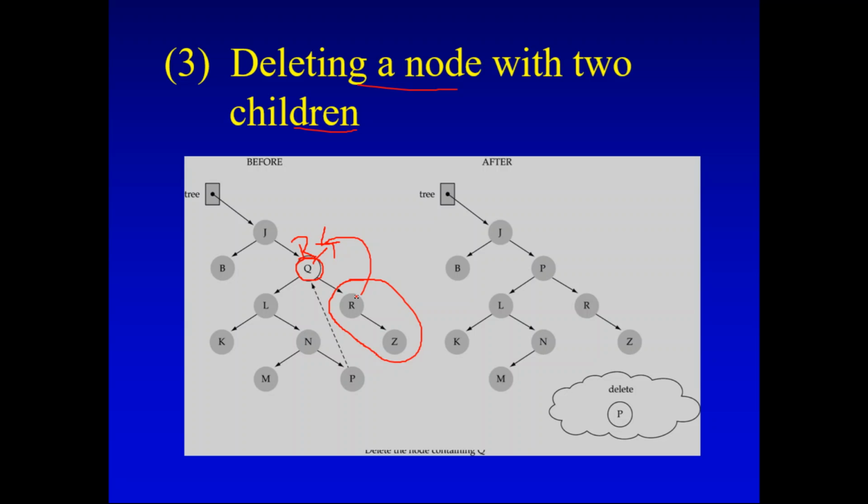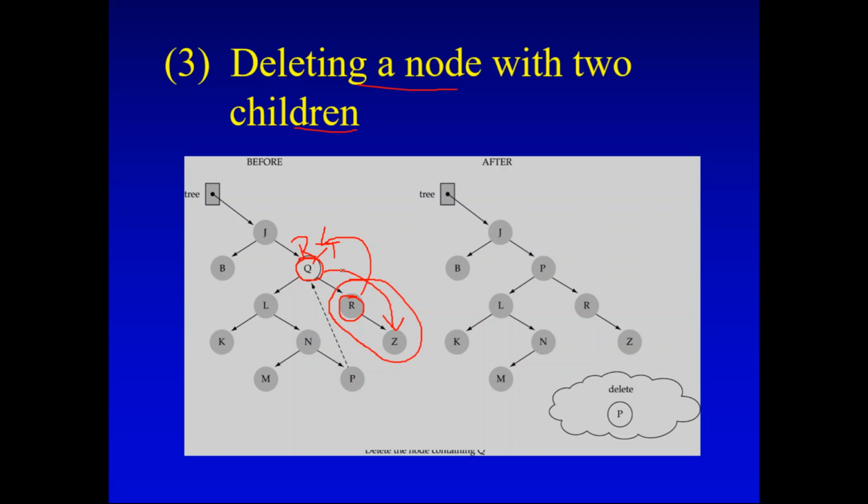Again you have to apply all the deletion rules. Check this R is having how many children? Is it having one child or two children or no child? It's having one child. So just make Q's right pointer point to the child of R. Okay, this is one way of deleting.